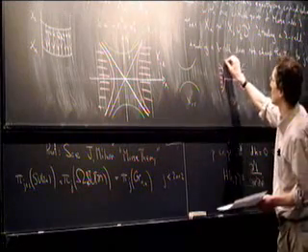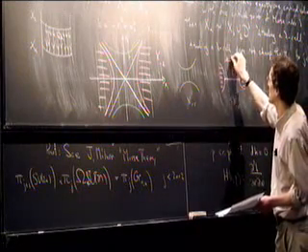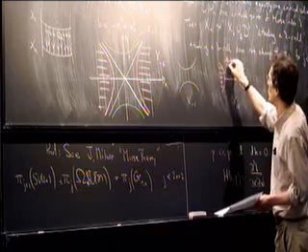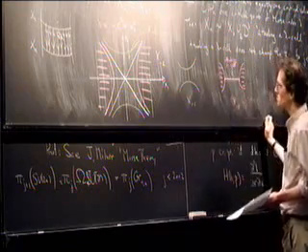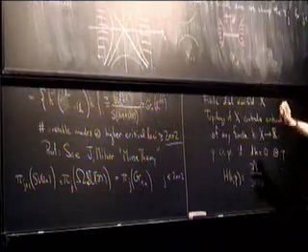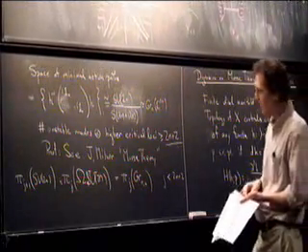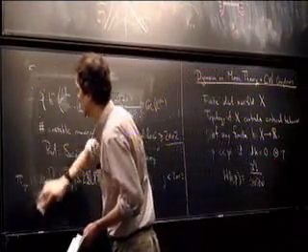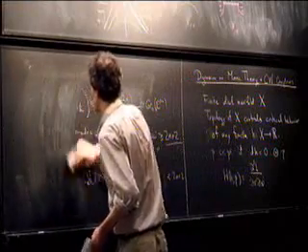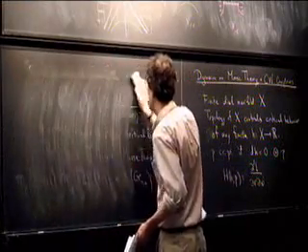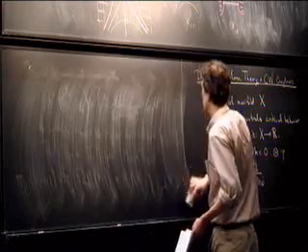So putting this in is attaching a one cell. And it has the nice property that it makes the space have the same homotopy type. Now they're both connected, so they have the same pi naught.